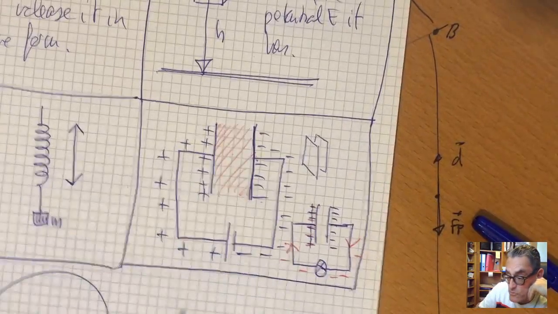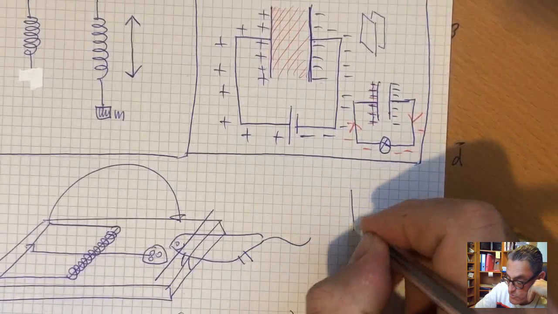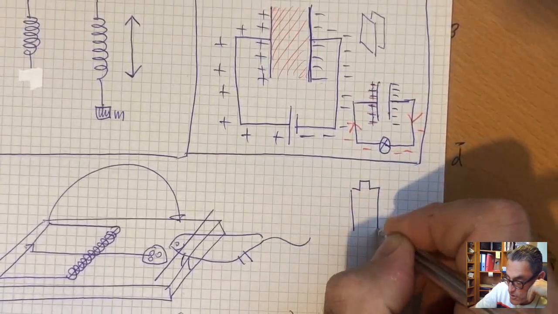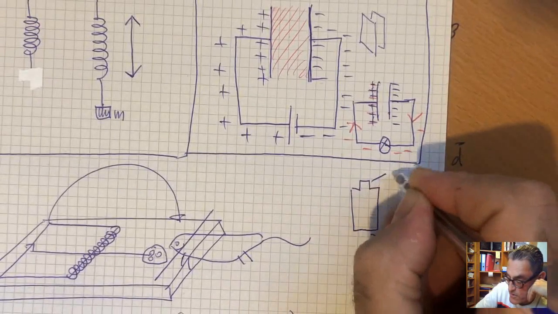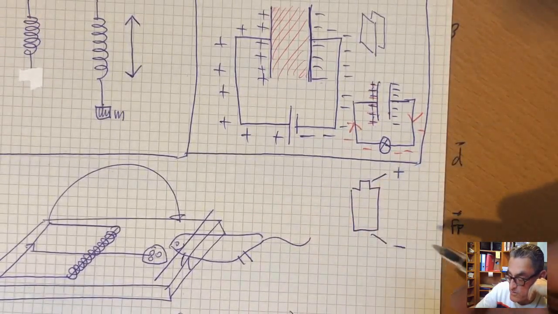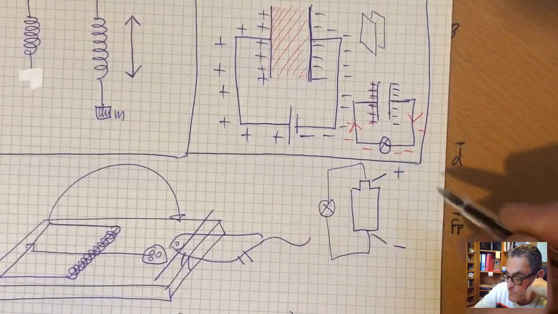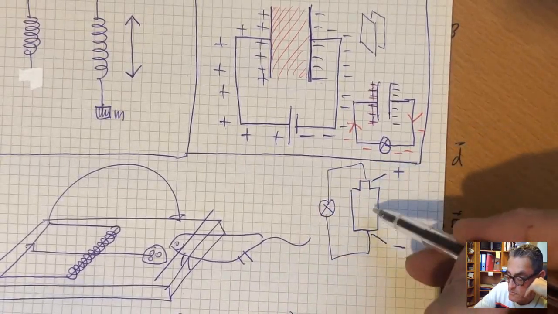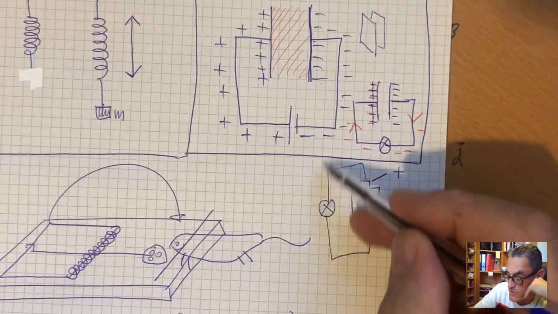A battery too. Okay, a battery contains a certain energy. When you have a battery, it's charged, and you have one pole here which is negative, one pole here which is positive, and so when you connect it to a lamp, there will be a current passing from plus to minus, which means electrons are going from minus to plus.